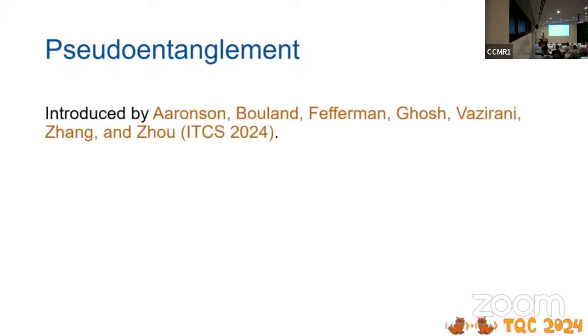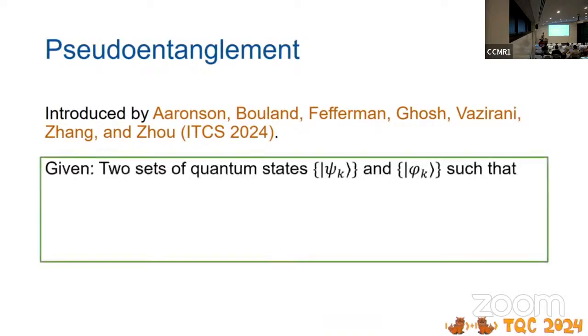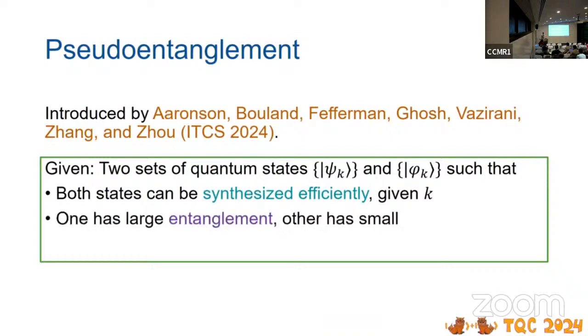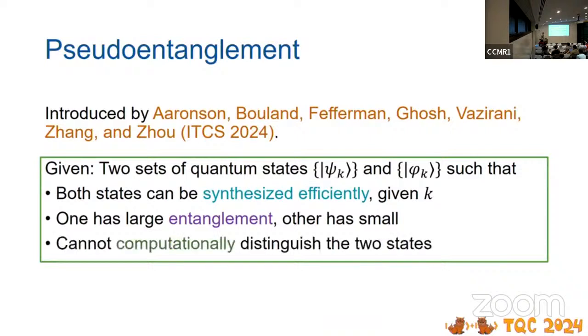So what is pseudo-entanglement? It's a concept that was introduced quite recently. Basically the idea, this is not the formal definition, but I'll take two sets of quantum states, call them psi sub k and phi sub k. Both states can be synthesized efficiently, and one has large entanglement and one has small entanglement. But you cannot computationally distinguish these two states.